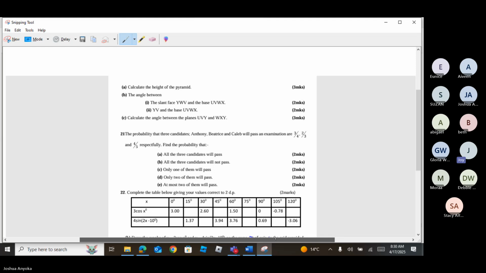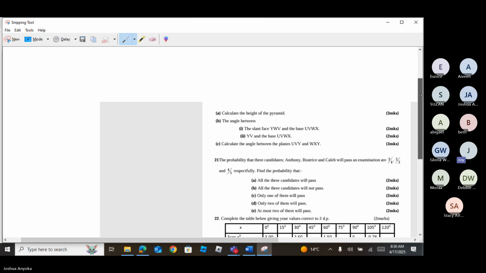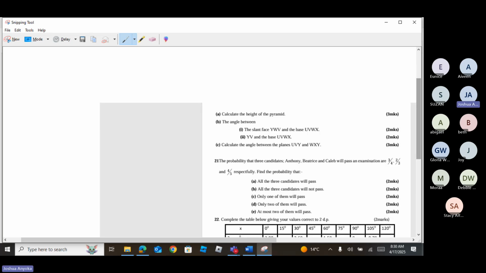Find the probability that all the 3 candidates will pass, all the 3 candidates will not pass, only one of them will pass, only 2 of them will pass, at most 2 of them will pass.